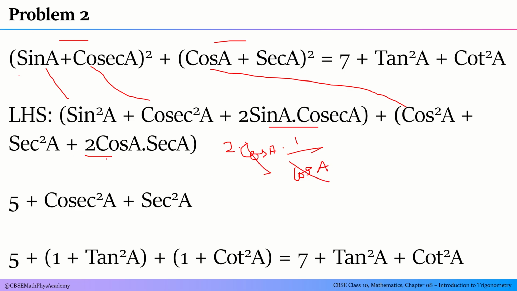So you are left with 2 here. Similarly, you have another 2 here. Sin A and cosec A becomes 1, and sin square A plus cos square A becomes another 1.